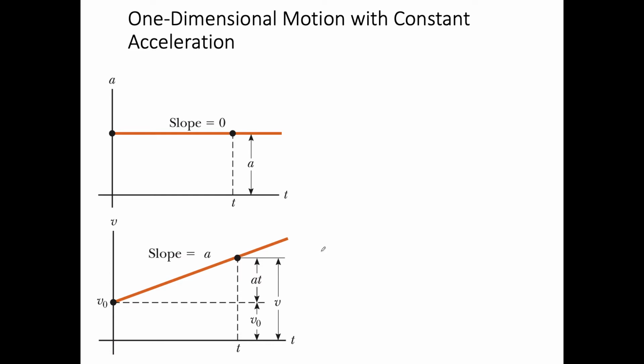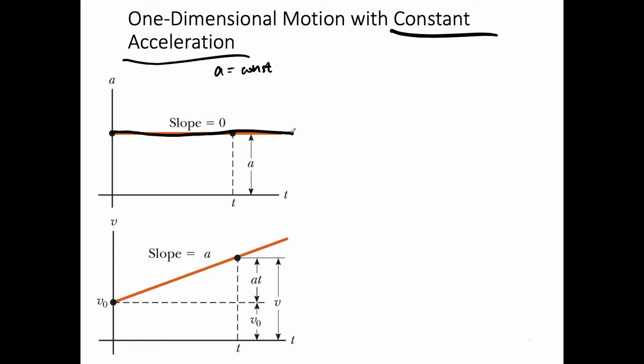Now, for constant acceleration motion, apparently a should be a constant over time. So at any time, acceleration is a constant.